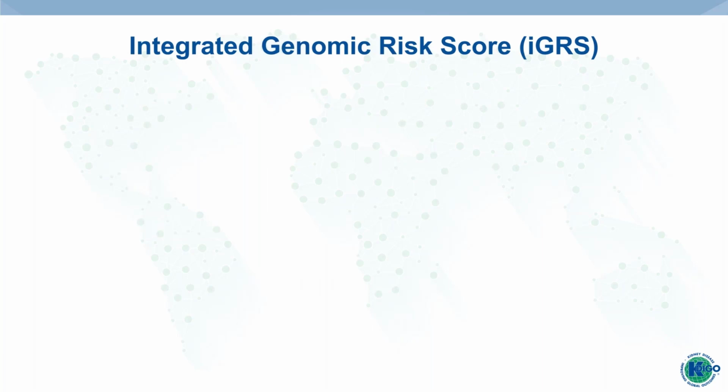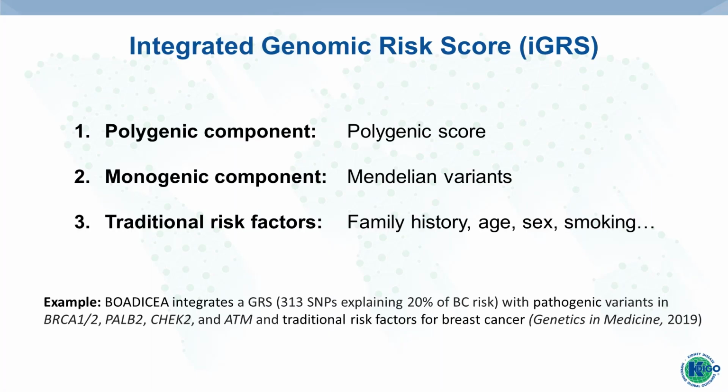Finally, I want to introduce the concept of an integrated genomic risk score. An integrated genomic risk score is the idea of combining three different elements of risk. Two of them represent inherited risk. First is the polygenic component, that is the polygenic score, either GRS or genome-wide polygenic score.